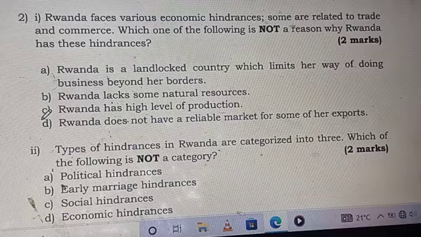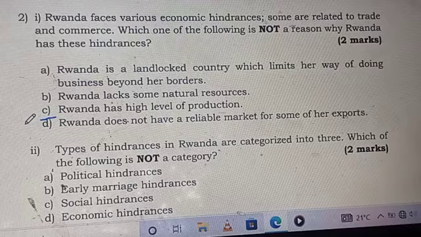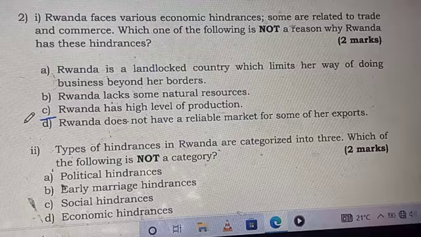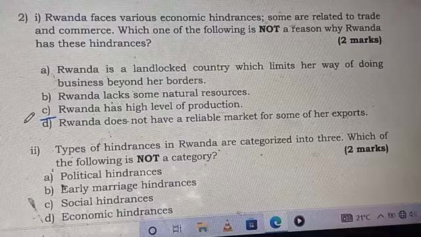The best answer is letter C. Rwanda has a higher level of production. Higher production improves the economy. Rwanda's challenges come from being landlocked, lack of some resources, and limited market. Note, Rwanda does not have a higher level of production.